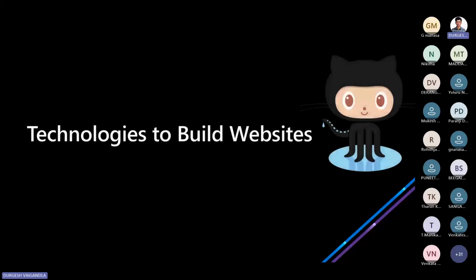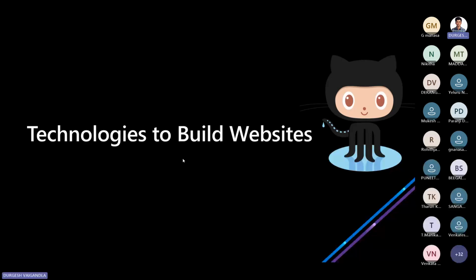The technologies to build websites. Most of the people ask me what technologies we use to build websites. We use HTML, CSS, JavaScript for the front end, and the backend technologies will be Node.js, PHP, Python, etc. There are a lot of new technologies, new programming languages, and new frameworks coming up nowadays.